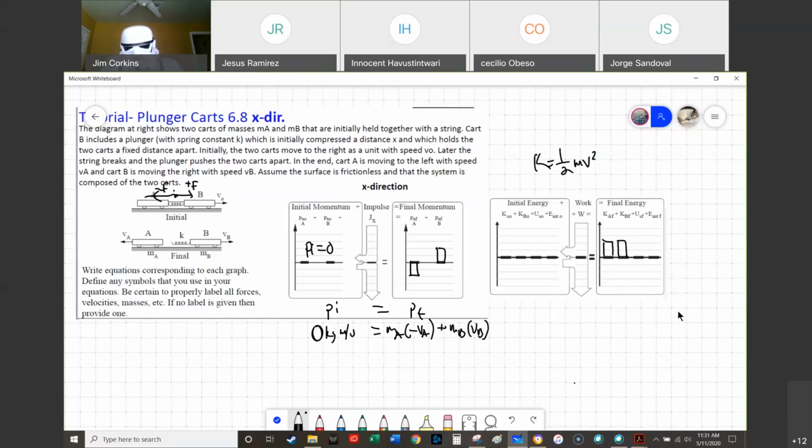Why is the initial momentum 0? Because initially they were not moving. Thanks. Yes. Just when you think about momentum, think only of velocity and mass. Thank you very much. You're very welcome.